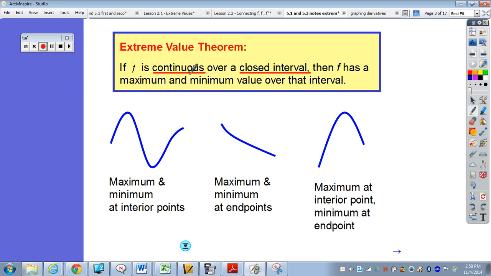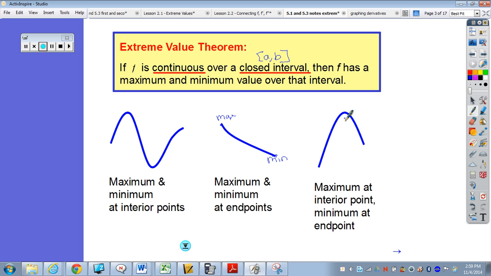Now the key thing is the extreme value theorem. If a function is continuous on a closed interval, and on your notes it says from a to b, then f has a maximum and a minimum over that interval. And there's kind of three examples. On this one, the max and min occur on the interior points, so not at the endpoints. Here, the max and min occur at the endpoints, so this would be your max, this would be your min.